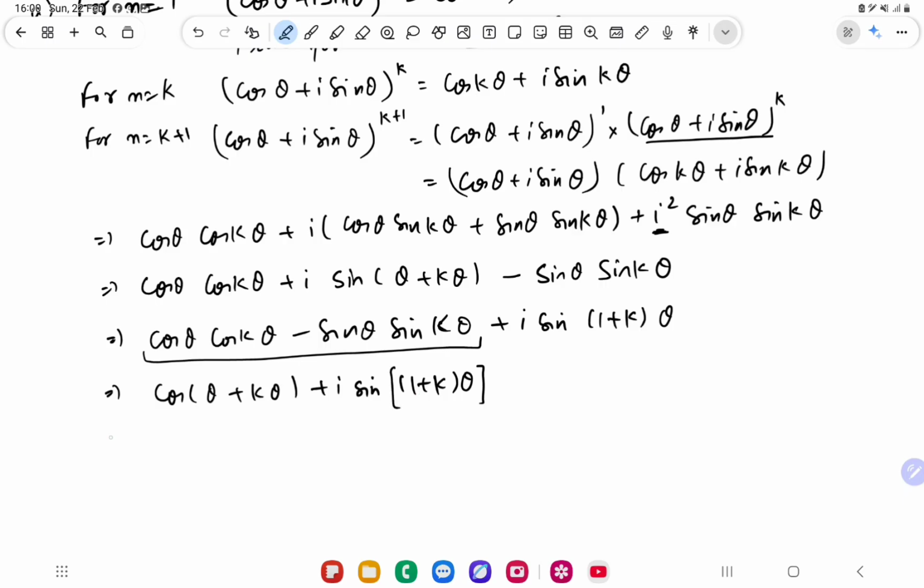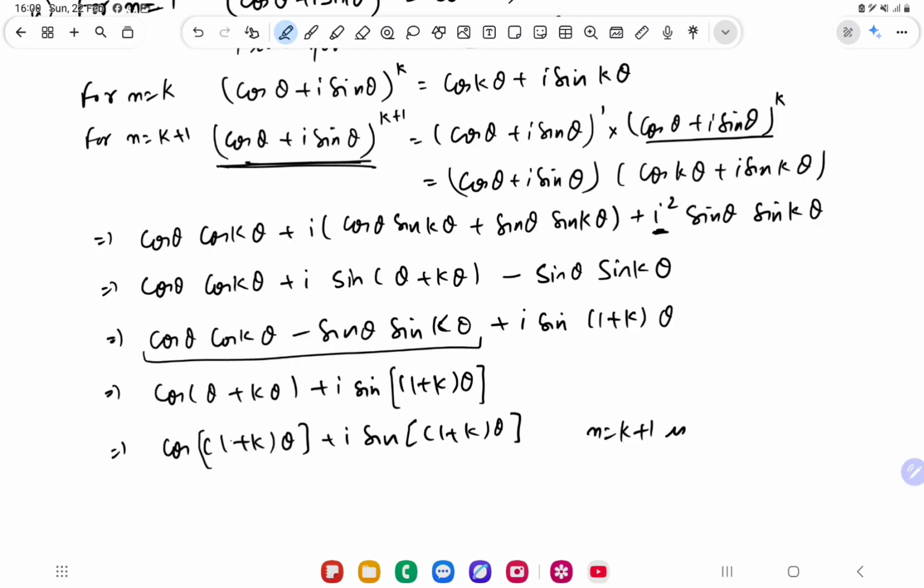So finally I can write my answer as cos (1 plus k) theta plus i sin (1 plus k) theta, which is nothing but the expansion of this expression. So this is true for n equals k plus 1. It is only true for n equals k plus 1 if it is true for n equals k. So this is how we can prove this one.